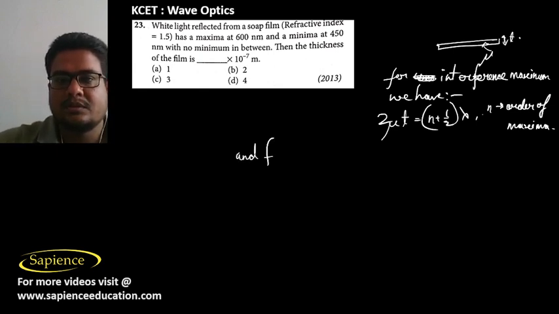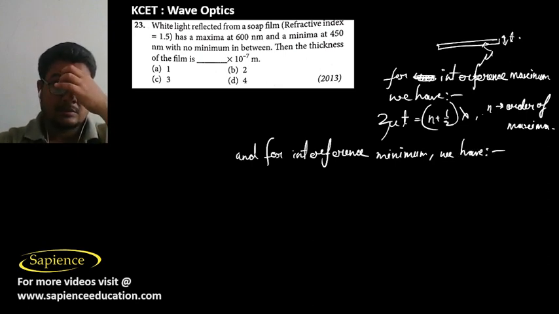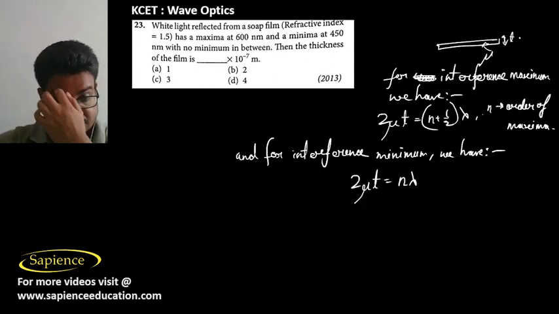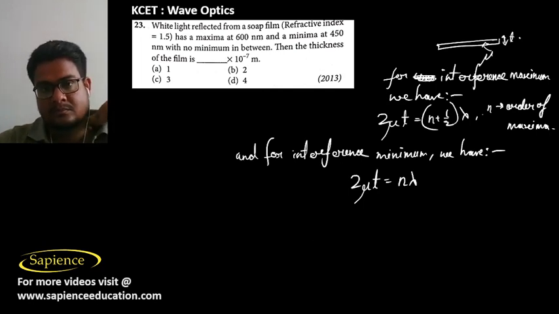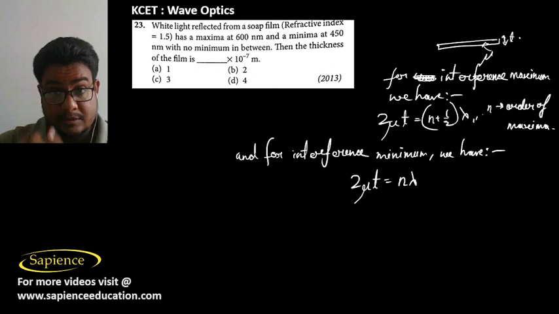And for interference minimum, we should have 2 mu T equal to n lambda. So here I can write lambda 1 and here lambda 2.